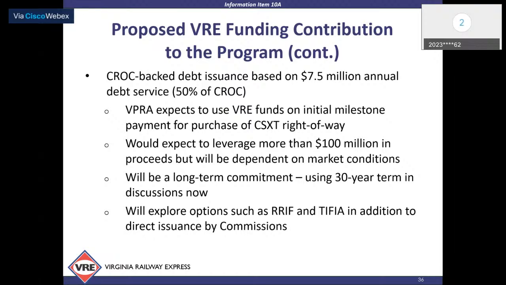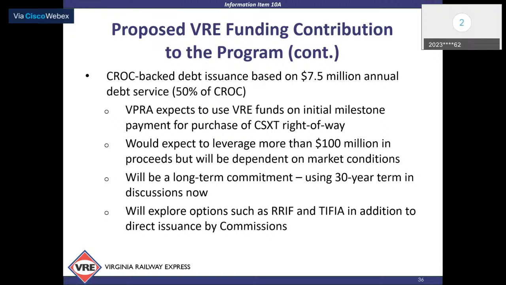That does not mean, of course, that we're going to lock up these funds and do a 99-year debt issuance or anything crazy like that. We're also not going to get into a debt structure that leaves us highly exposed to interest rate risk down the road. But again, we intend to be partners with the Commonwealth on this, and we understand that every dollar counts to them to moving the program and making it work.